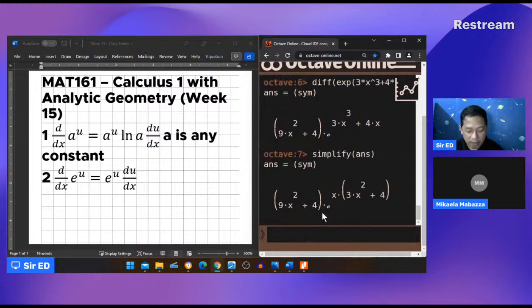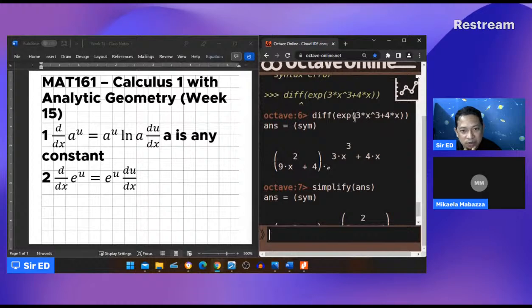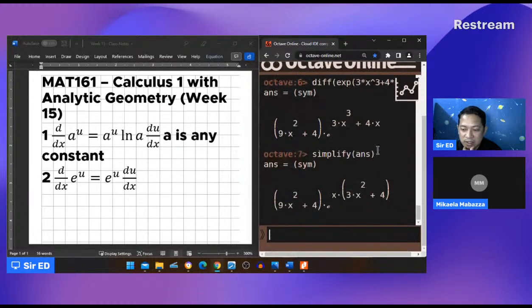Ayan, di niya simplify. e^u du lang yun eh. So magkakaroon ka ng 9x squared plus 4. Tama, kasi pinactor niya lang yung x. Nakikita mo sa Octave, paano niya sinagot yung problem. Yung derivative of e raised to 3x cubed plus 4x. So ang ginawa ni MATLAB, of course, binaba yung 9, naging 9x squared plus 4, check. Tapos yung exponent ay pinactor out niya.